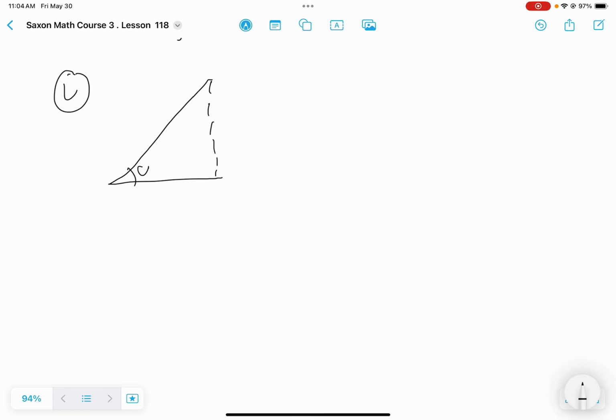This is 42 degrees, that's given to us, and below is 100 feet. There's a kite here, and it's a right triangle. Let's say the height is H. The height of the kite is the side opposite the 42 degree angle. The known side, 100 feet, is the side adjacent. Find the height of the kite.